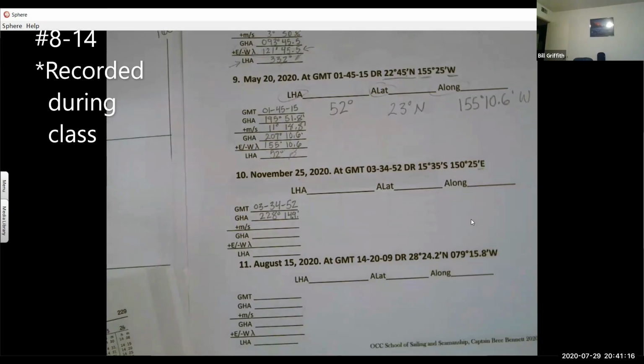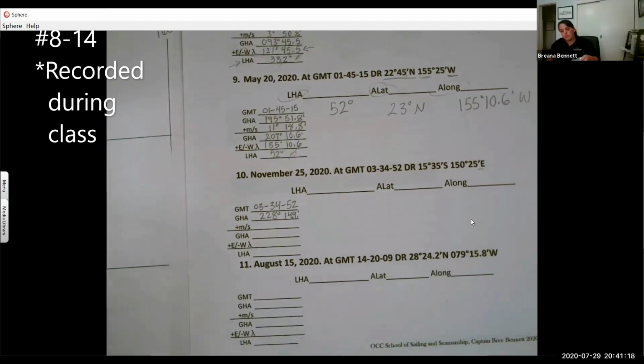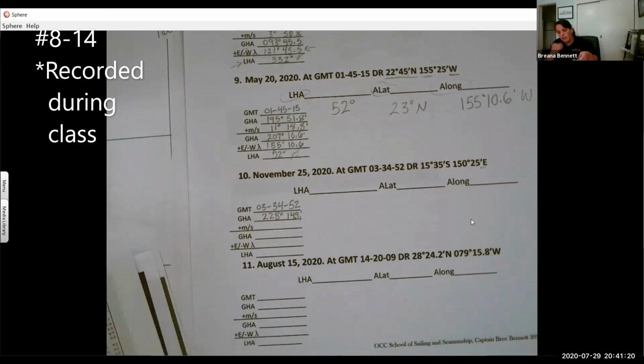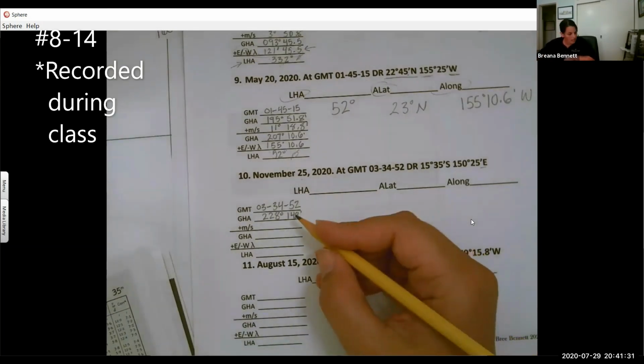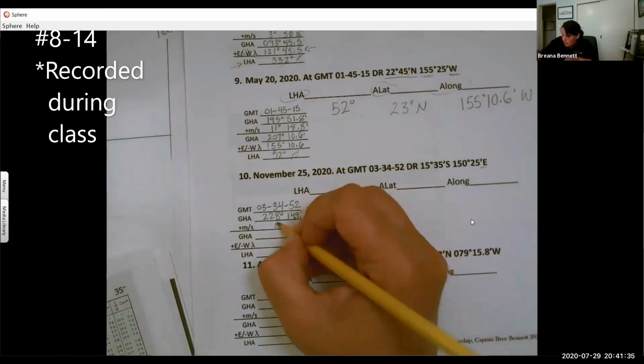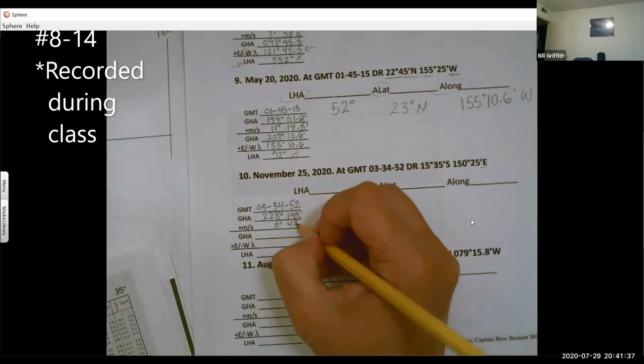And then we have to go to our minutes and seconds table to get 34 minutes 52 seconds, which gives us 8 degrees 43.0 minutes.